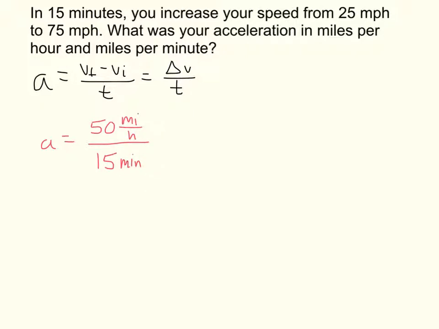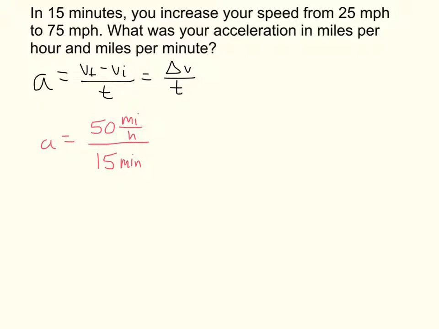Hours and minutes are both units of time, but they're not the same units. It's the same concept of adding inches and centimeters. You have to convert one to the other in order to get the actual value once you add them together.